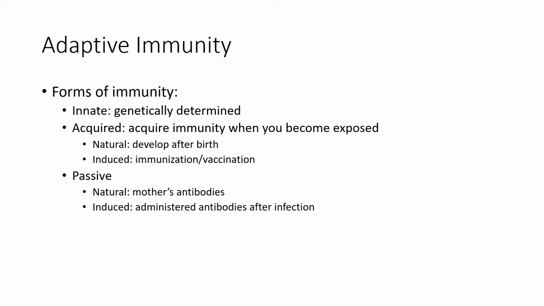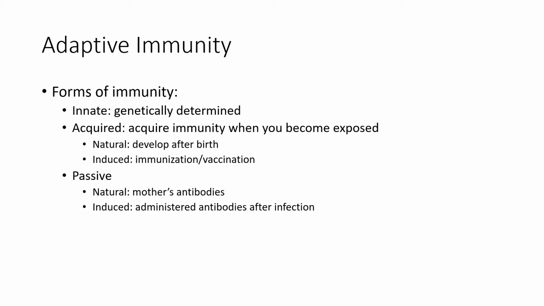Next type of immunity I want you to know is passive. There are two types of passive immunity. So natural, which is going to come from your mother's antibodies, typically while you are being breastfed, and induced. So this is administered antibodies after the infection. An example of this would be like rabies.